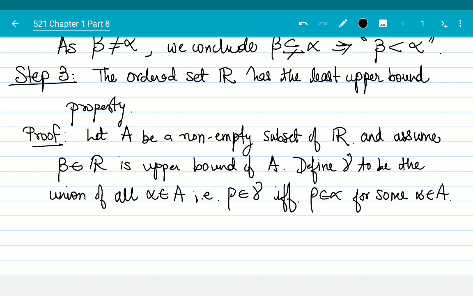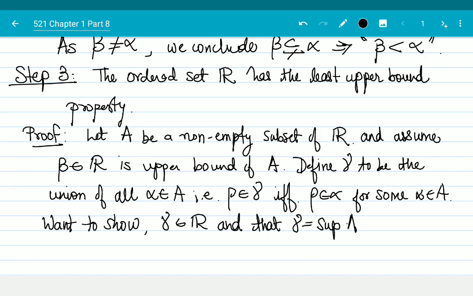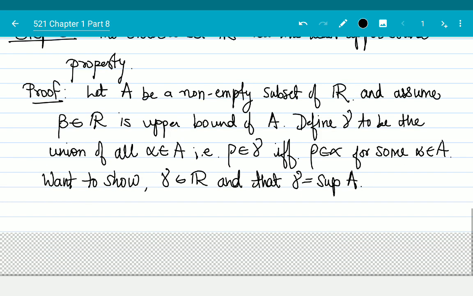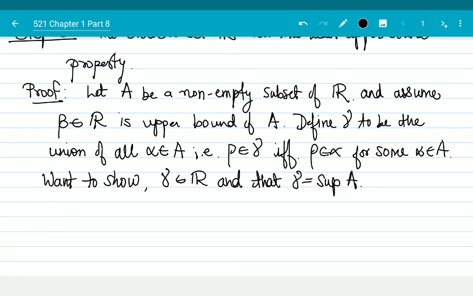Now we want to show gamma belongs to R and that gamma is equal to supremum A. So what does it mean by gamma being in R? We want to show that gamma is actually a cut. So how do we show that gamma is a cut? We have to show the 3 properties for gamma.